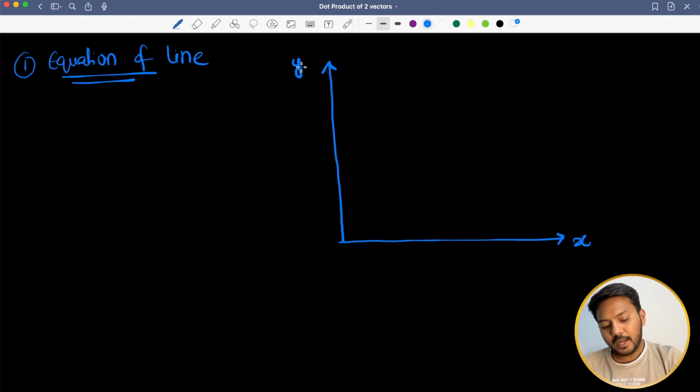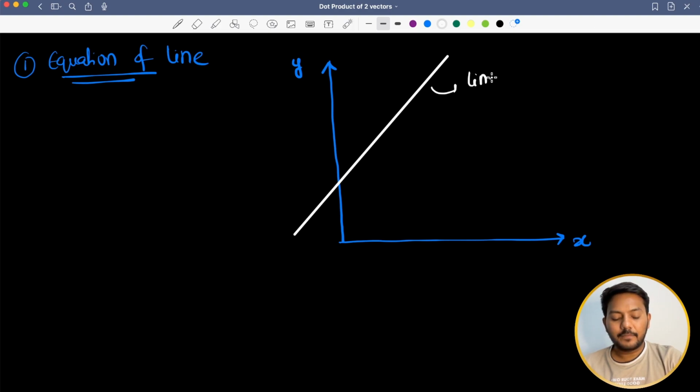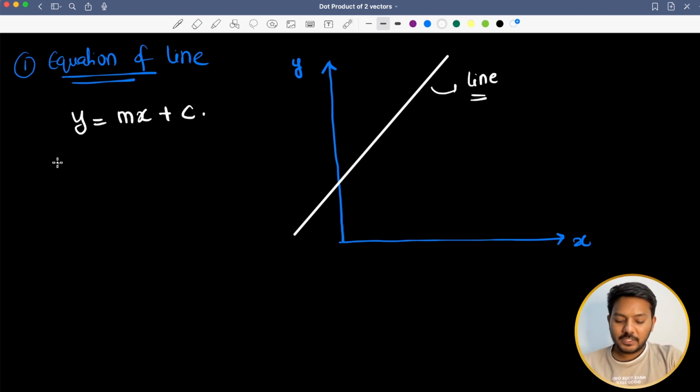And let's assume I have a line like this. So this is a line. In linear algebra or coordinate geometry, we usually represent the equation of line as y equal to mx plus c. And there is one more format which is ax plus by plus c equal to 0.